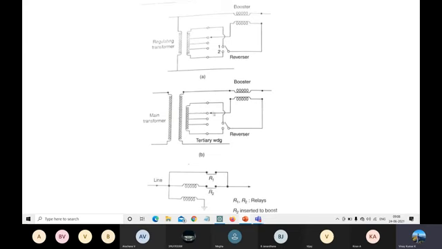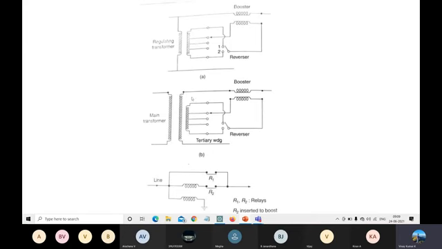And this is another kind of transformer, where we have the tertiary winding of the main transformer. The normal booster transformer is connected to the tertiary winding of the main transformer. Normally a transformer has a primary and secondary. Along with that, for the application of a booster transformer, it is slightly modified and one more winding is used, called the tertiary winding.